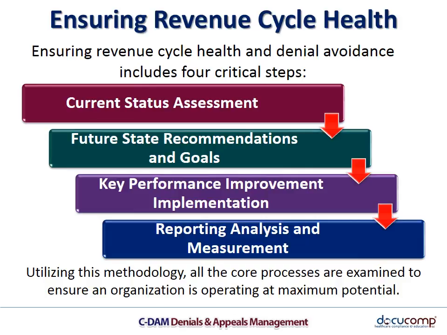Using report analysis and measurement to continually feed that information back to leadership helps with continued assessment and supports continual ongoing maintenance of your revenue cycle. Utilizing this methodology, all the core processes are examined to ensure an organization is operating at maximum potential.